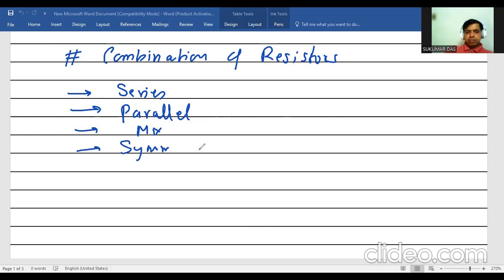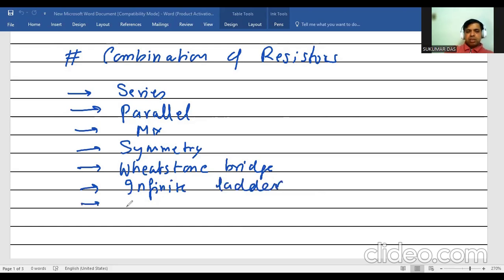You may also get a Wheatstone bridge type of question, or an infinite ladder type of question, or maybe some general arrangement, with no such special name.